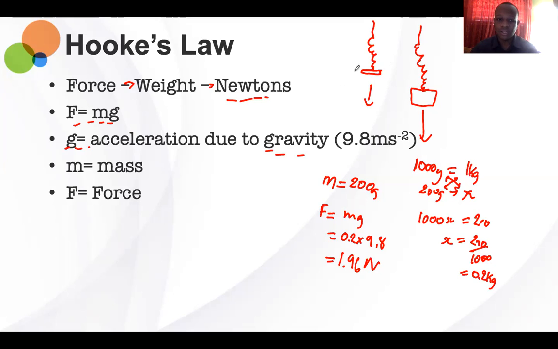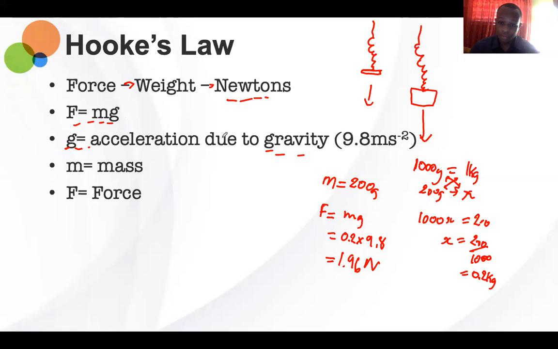Now, in order for us to calculate this weight, we have to use the force formula. You will learn about this in the next session, after this session is finished, for the last 20 minutes, where we'll try and cover it quickly. But you'll see this popping up again. Force equals mass times g, which is the acceleration due to gravity.